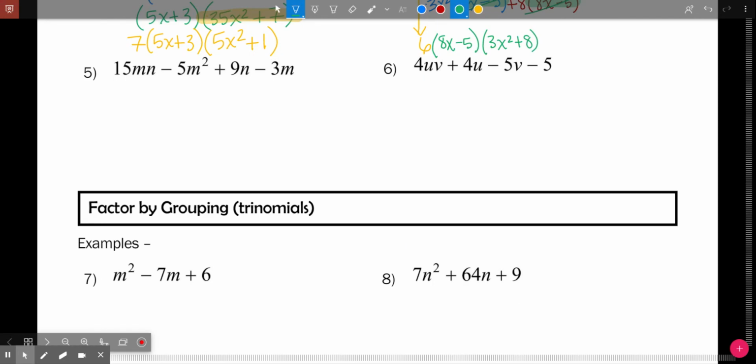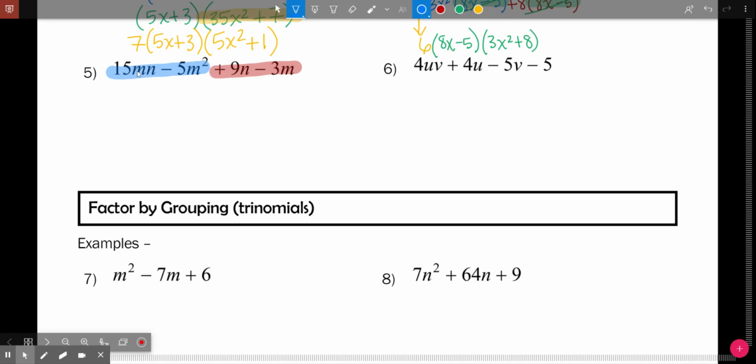In number 5, we have two variables that we're working with, but the process is still going to work the same. I'm going to group my first two terms together and my last two terms together and work with each piece separately.